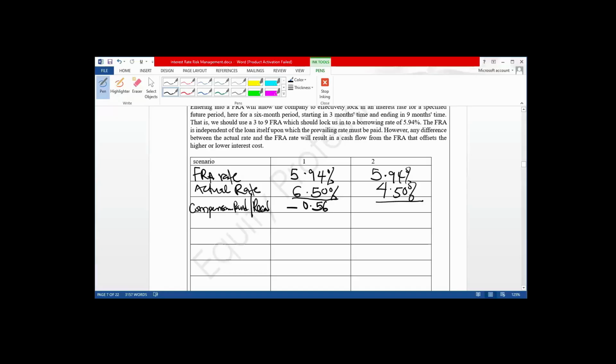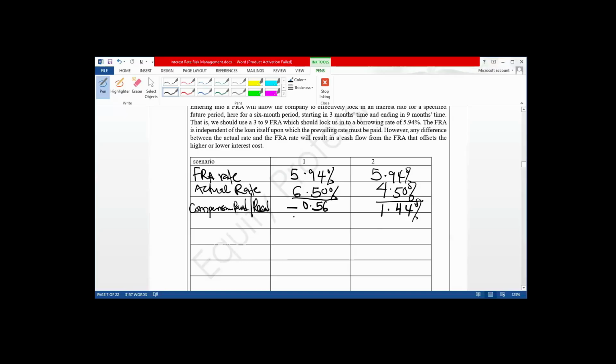That means the FRA will pay compensation to Katangwa. In the other case, Katangwa has borrowed at 4.5, which is less. 5.94 minus 4.5 is a difference of 1.44. Katangwa will need to pay compensation to the FRA.